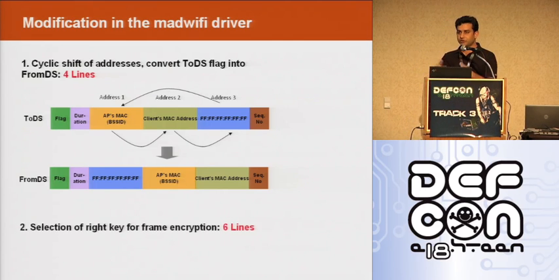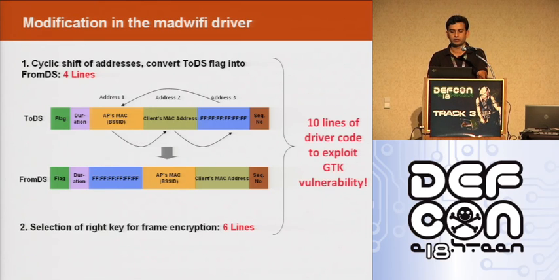And then you need to select the right key to encrypt that packet, because a client always uses unicast data traffic, so it always uses the unicast key. So 6 lines of code were added to choose the right key. It's just about selection, in which data structure what kind of key is stored, right? So in just 10 lines of code, it was possible to exploit the GTK vulnerability.